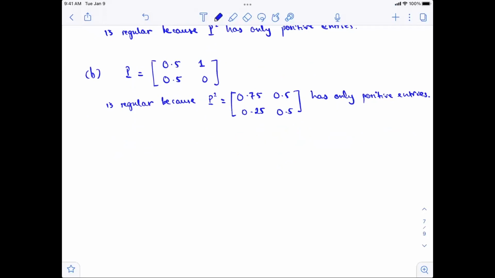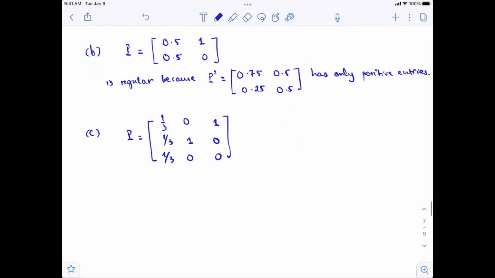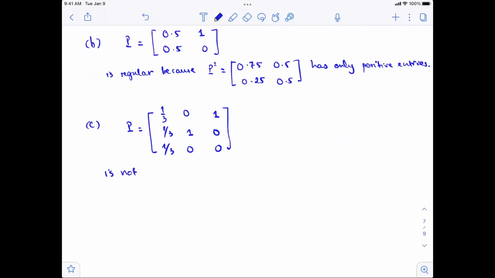And the last example we want to look at is the following matrix: 1/3, 0, 1, 1/3, 1, 0, and 1/3, 0, 0. Right. This matrix is not regular because every power of P has 0s in its second column.